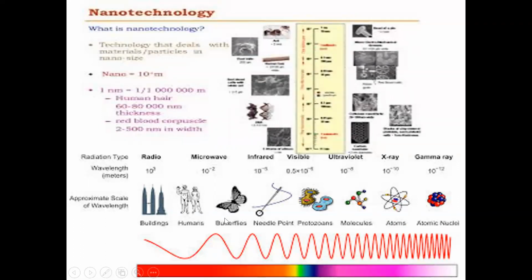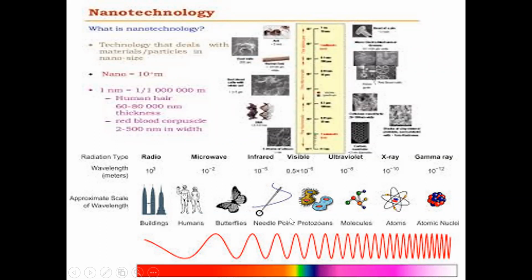Then butterfly, and then needles, the needle point, which is very small compared to the building, butterfly and all this. Then a protozoa or any kind of bacteria, so the size keeps decreasing, and then molecules, then atoms, and then atomic nuclei.